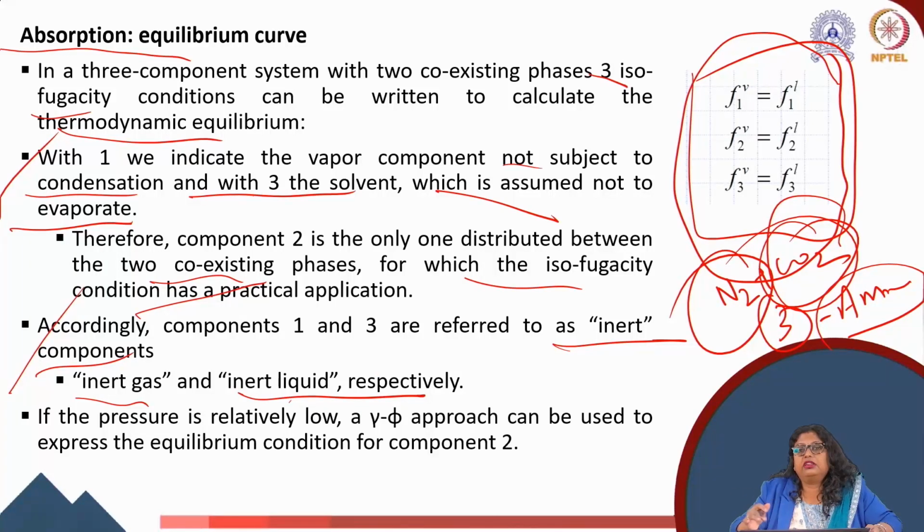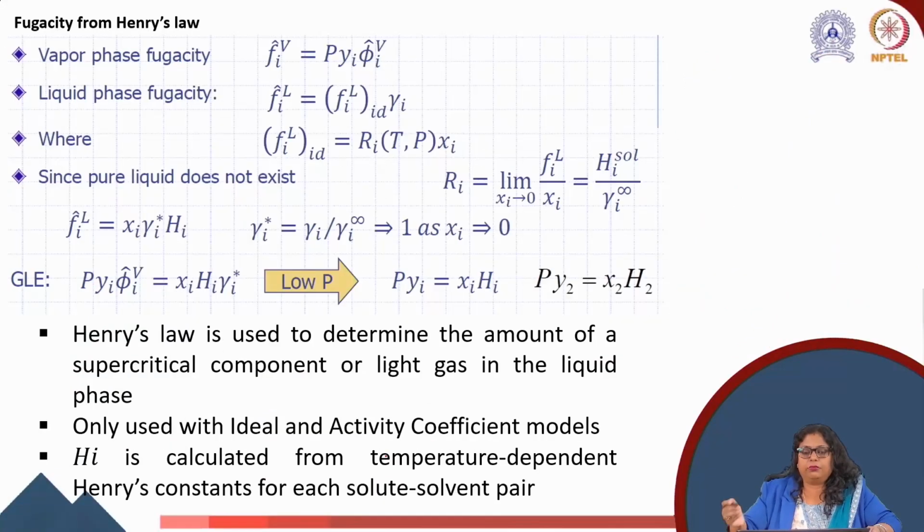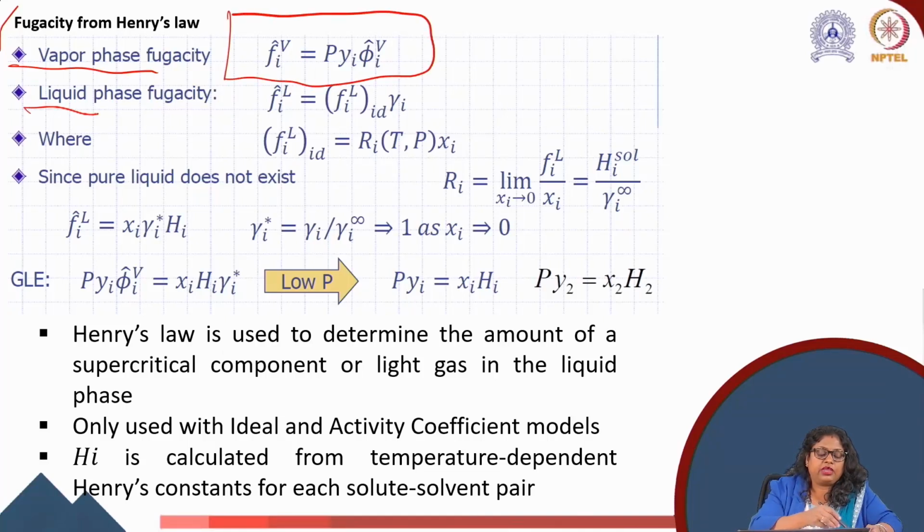If the pressure is relatively low, then the gamma-phi approach can be used to express the equilibrium condition for component 2. So what is this? Fugacity from Henry's law. Vapor phase fugacity we can represent using this equation, and liquid phase fugacity using this equation, where F1V is equal to P yi phi in the vapor phase.